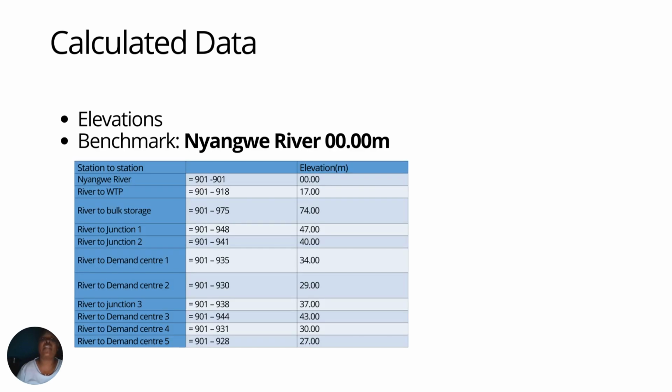Now, from the data given in the project brief, I needed to calculate the elevations. The elevation at the Nyangwe River is found at 0 meters.